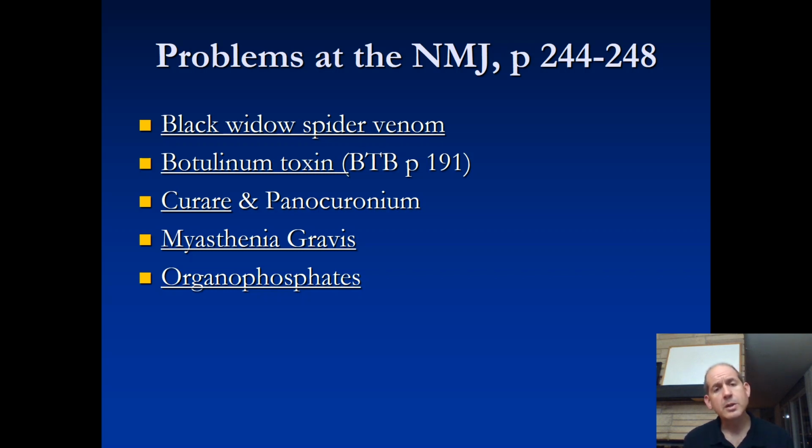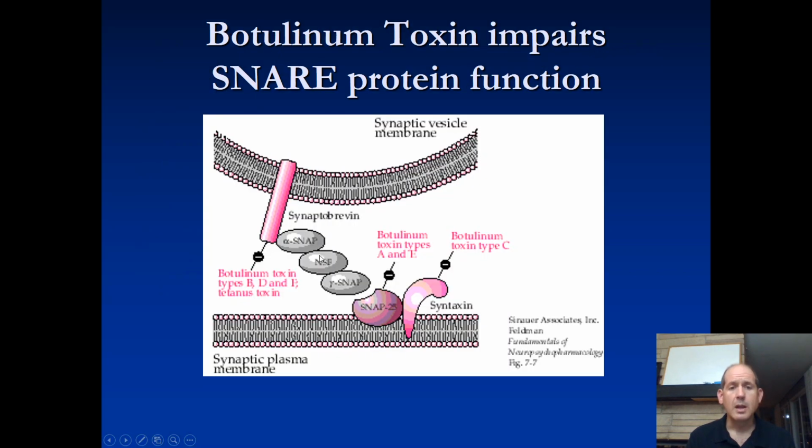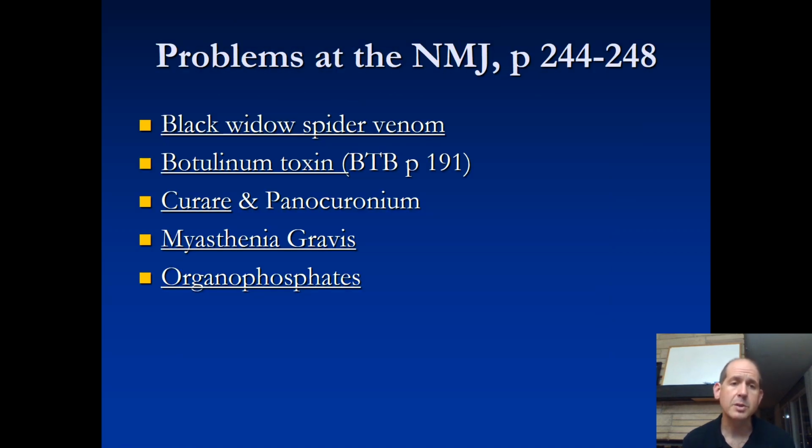The toxin prevents normal SNARE protein function. As a result, the vesicle can't fuse with the membrane and release acetylcholine via exocytosis. So the botulinum toxin, instead of causing a spastic paralysis, will cause a flaccid paralysis, where the muscles can't be stimulated and thus remain relaxed.